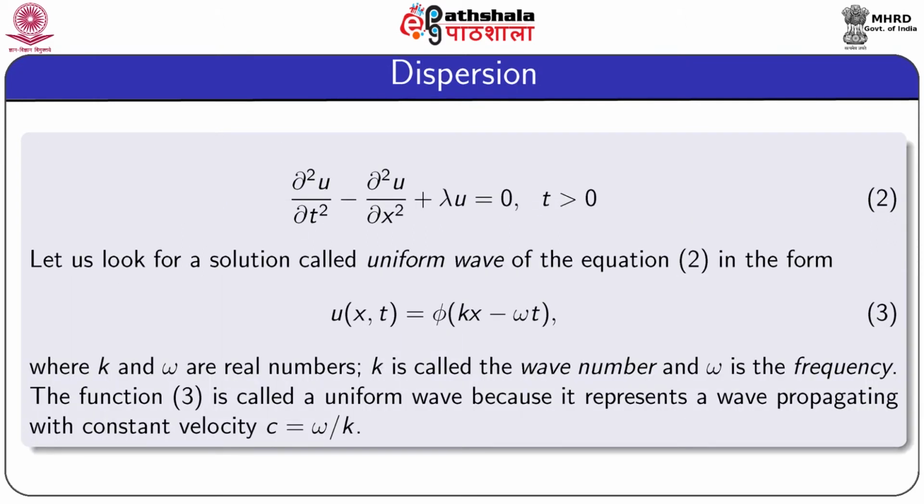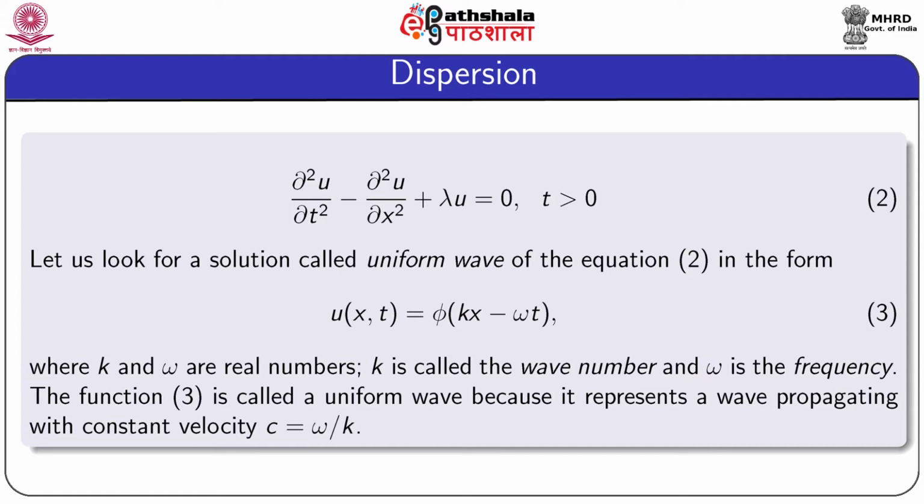Now, to explain the dispersion, we take the zeroth order term from equation 1. So, now we are going to solve equation 2, where there is one extra term λu in the one-dimensional wave equation. Now, we look for a solution which is called the uniform wave.